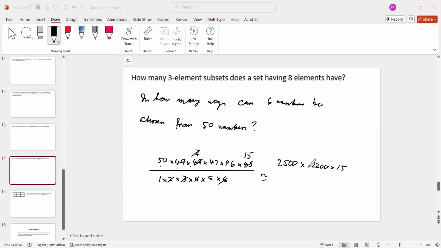You can use a calculator to get the exact amount, but this already has 4 zeros here. 25 times 2 is 550. So times 15. And you can see it's going to be 5.5 million times 15. That's 75 million.